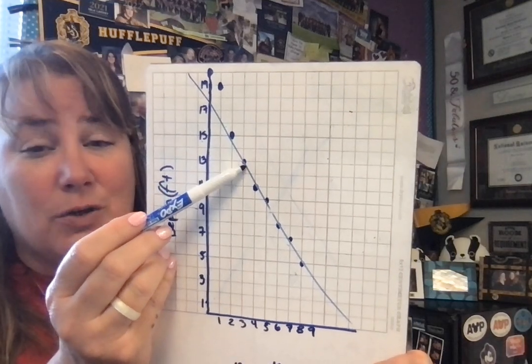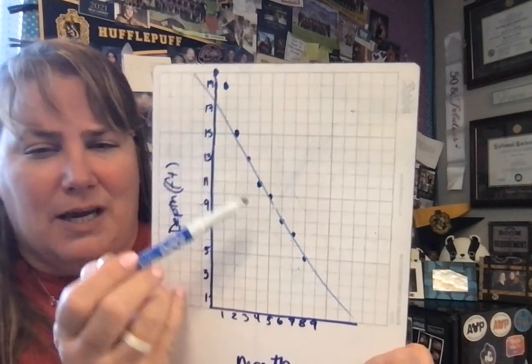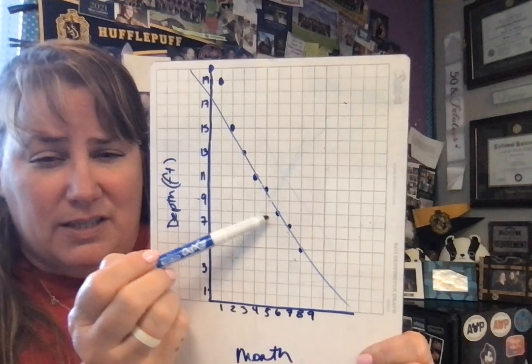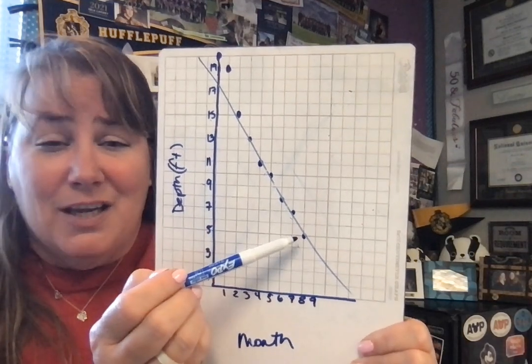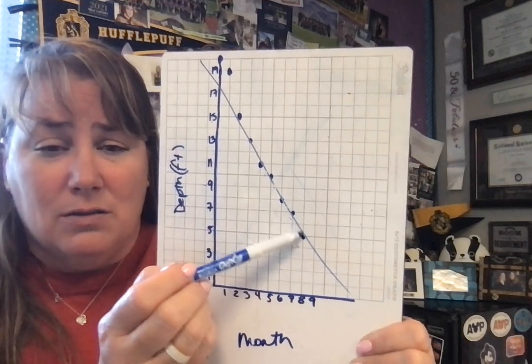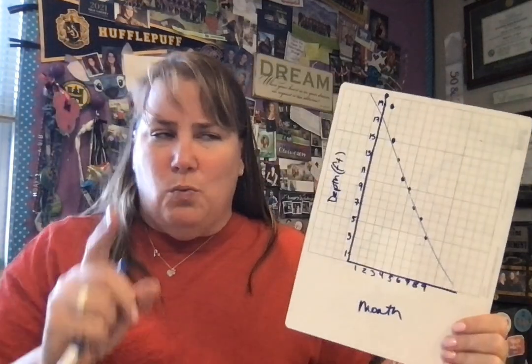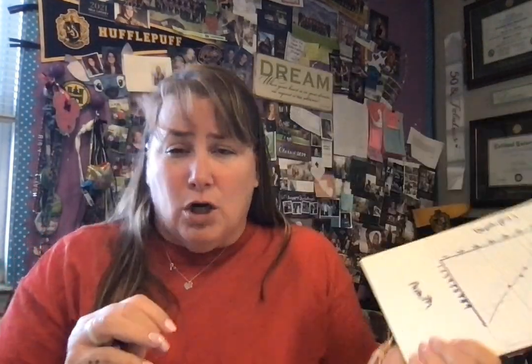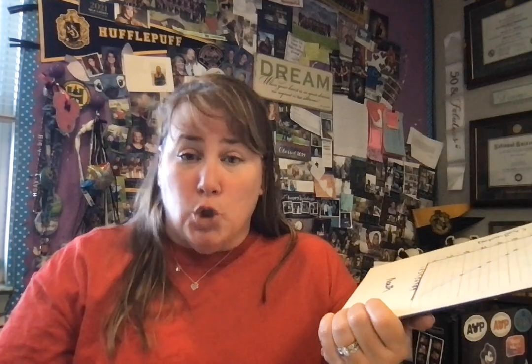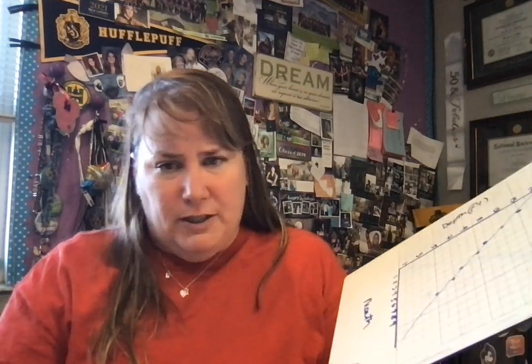This is a good set. That's also a good set. You could even use this set as well, because there's not going to be one exact answer. That's the hard part about lines of fit: there's more than one answer, and in math, we sometimes like just one answer. But you're going to have more than one answer because it's based on your personal line of fit.